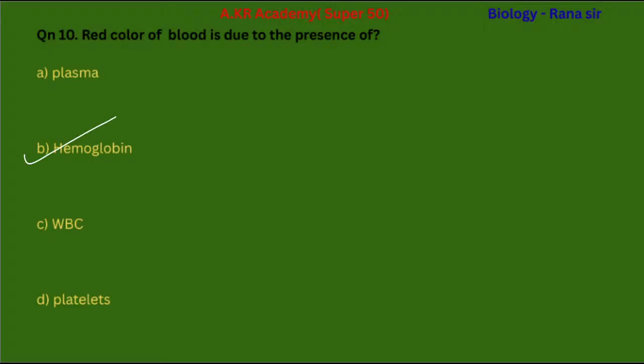Which one is the correct answer? Hemoglobin. Can you see these pictures? First plasma, then third is WBC, and platelets. How does it work?